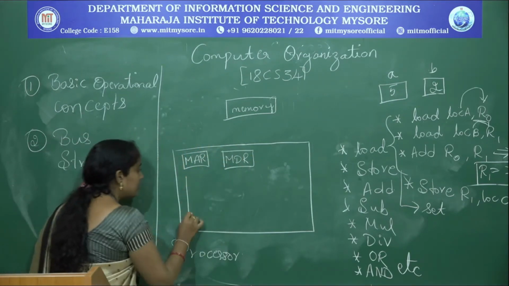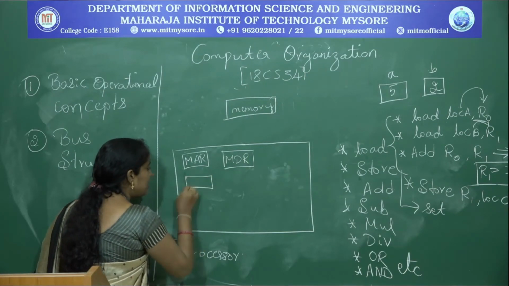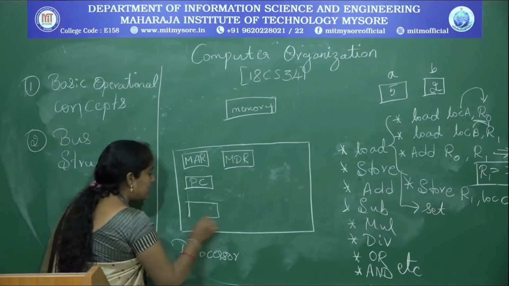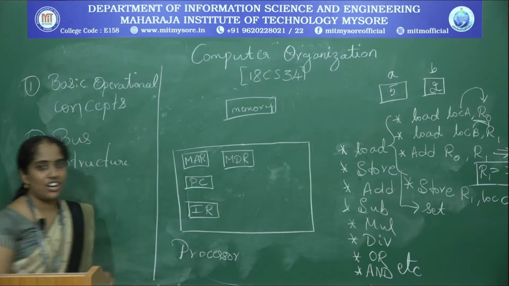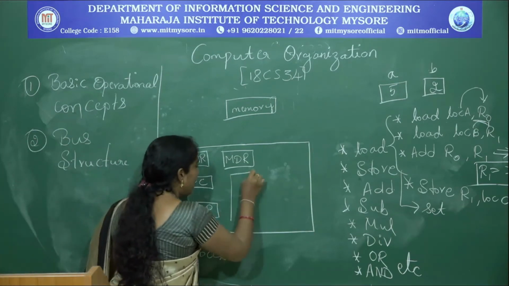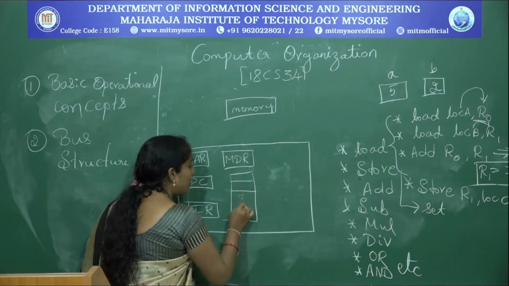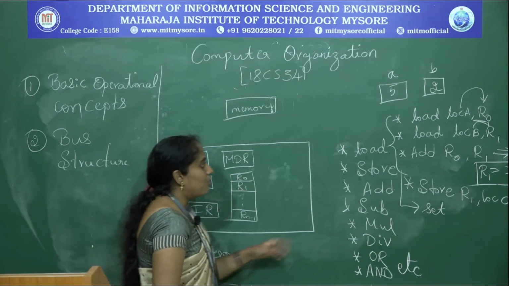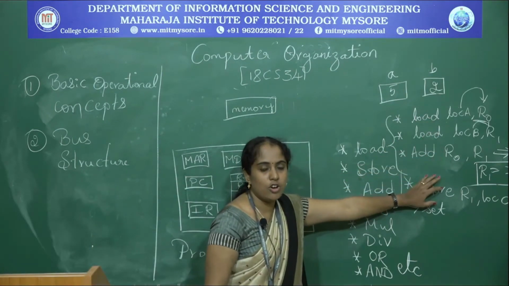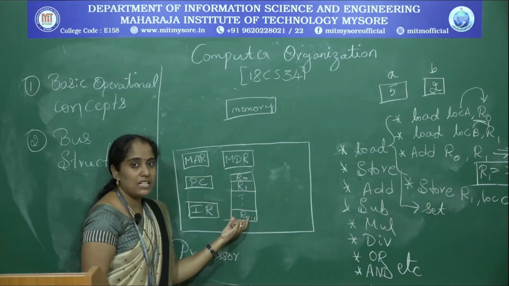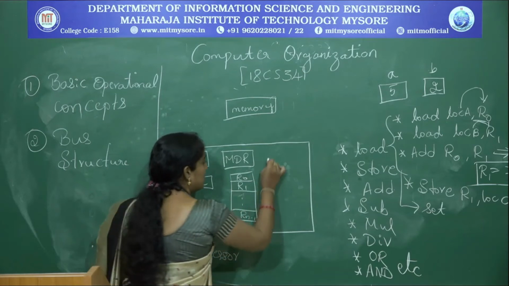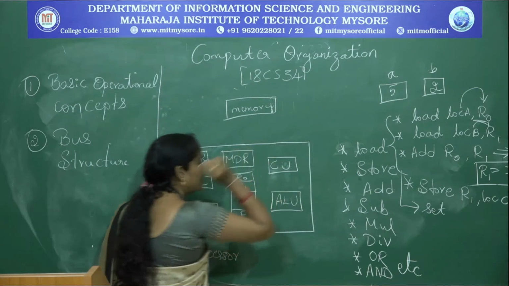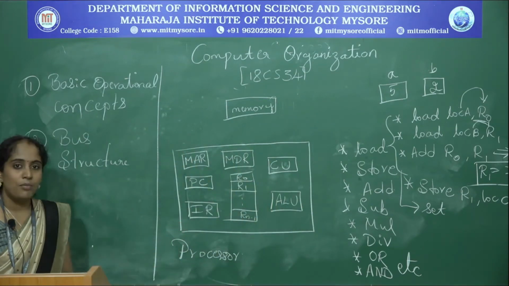Next is the PC, program counter, and another one is the IR, the instruction register, and we have a set of general purpose registers, R0, R1. For any arithmetic and logic operations we use these general purpose registers. Apart from this we have the CU and the ALU. So this is the structure of your processor.